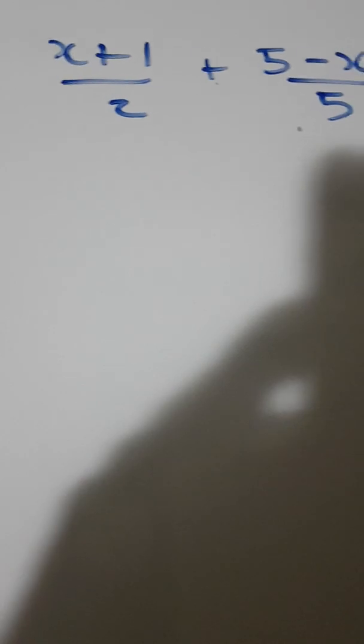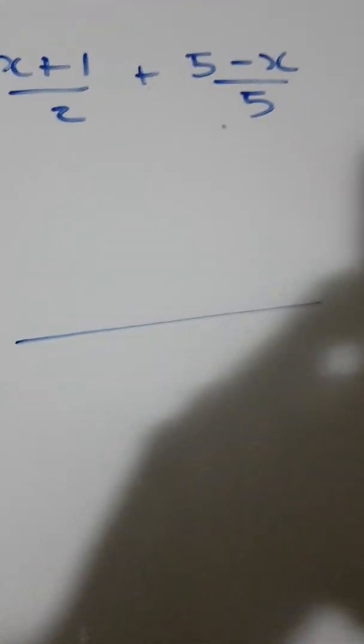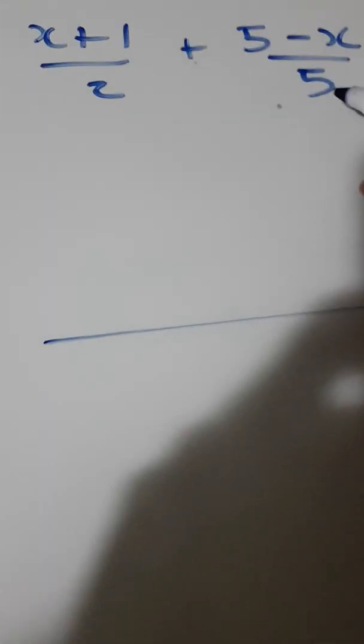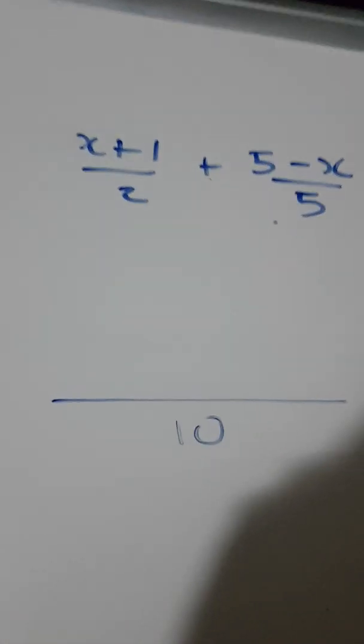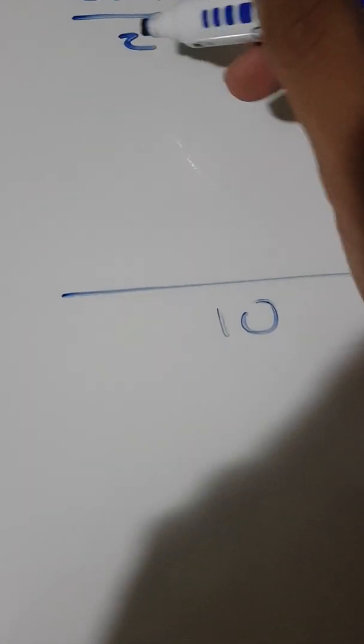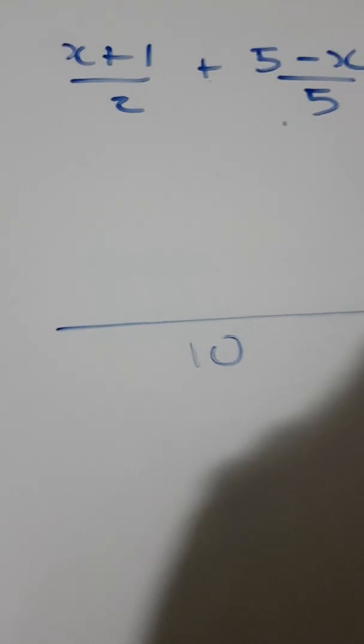Right, so let's do that. We're going to put our vinculum down. This is our vinculum. 5 2s are 10. The reason why I did that is because 2 could go into 10 5 times, and 5 could go into 10 twice.